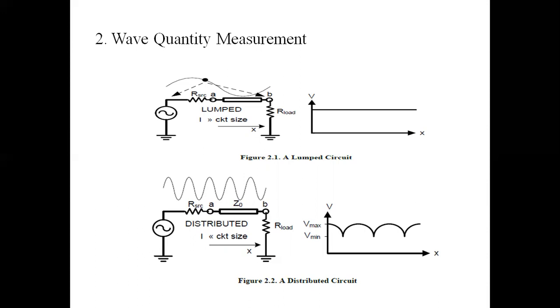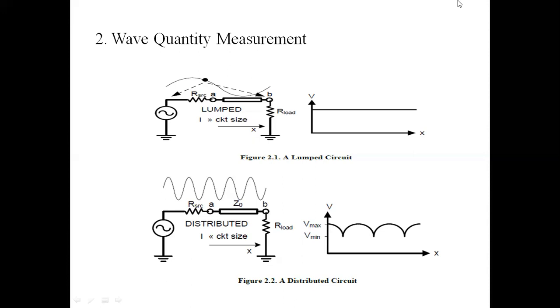Now when the frequency of the source increases, the wavelength is reduced. As the frequency increases, the wavelength eventually becomes similar in size or even smaller than the length of the cable. In this scenario, where the wavelength of the signal is similar to or smaller than the length of the cable, the measured voltage and current will depend on the position, as shown in figure 2.2.